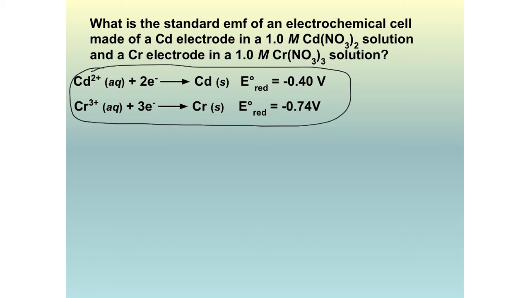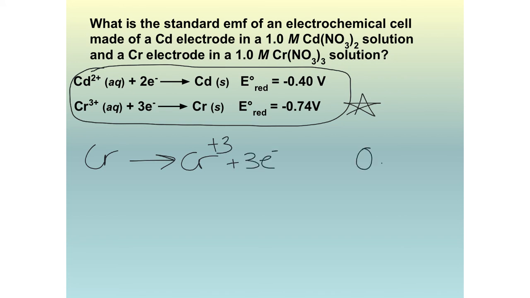Okay, so we think about which one we're going to have to switch, because we're going to need one reduction, one oxidation. So if we switch the chromium one, that would allow us to get a positive voltage. So Cr is going to get oxidized to make Cr plus 3 and 3 electrons.